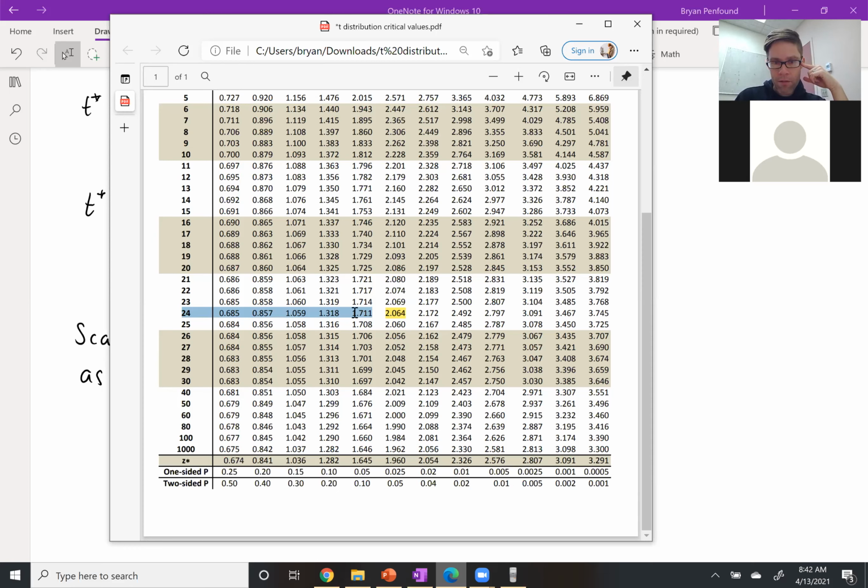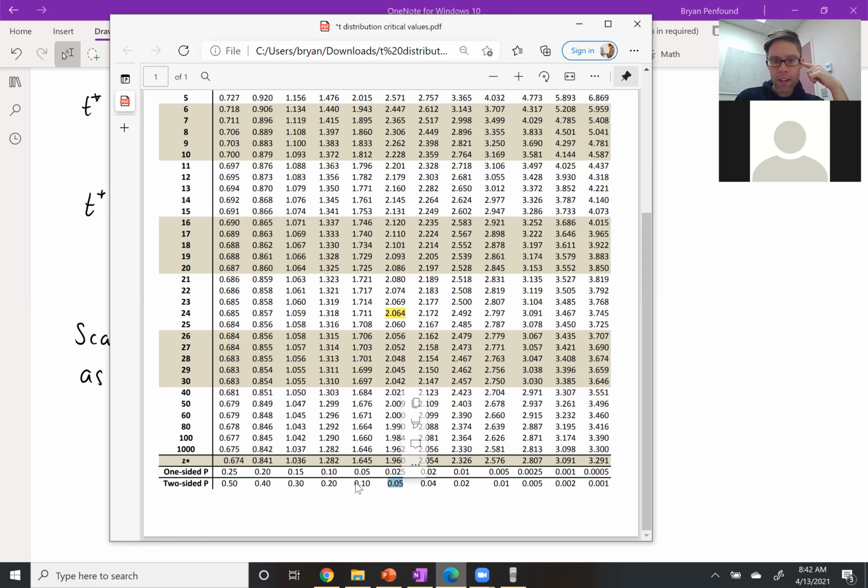Once I have as close as I can get, I'm going to scroll down, go to my two-sided probability, and we're going to take 10% as our probability value. We don't want to take 5% because that would be overstepping our bounds, since we've gone over 1.993.